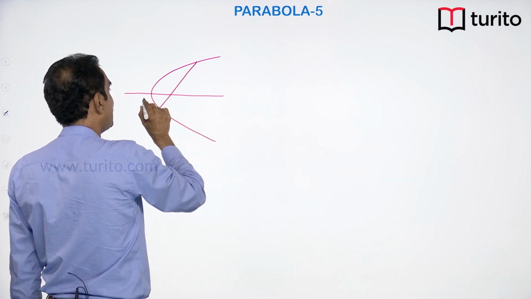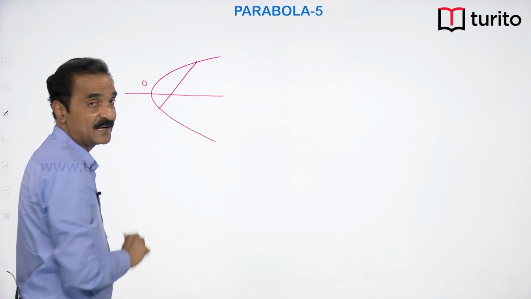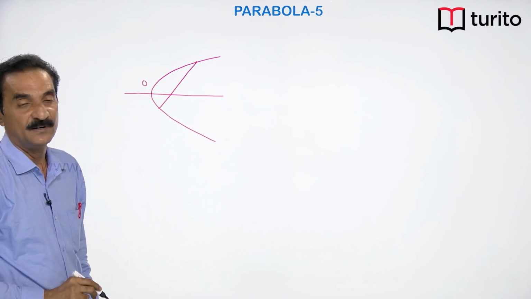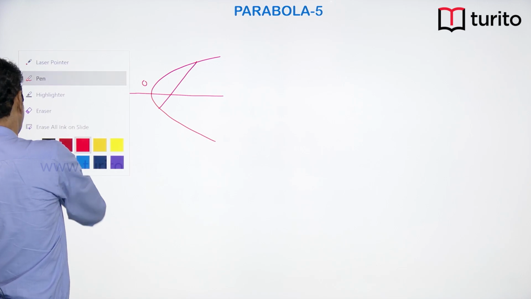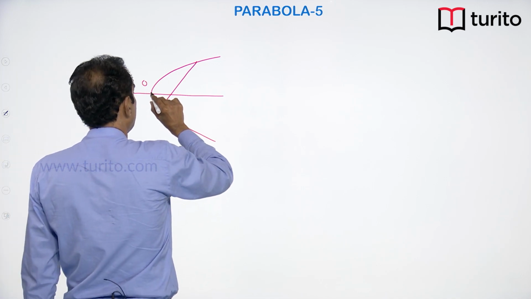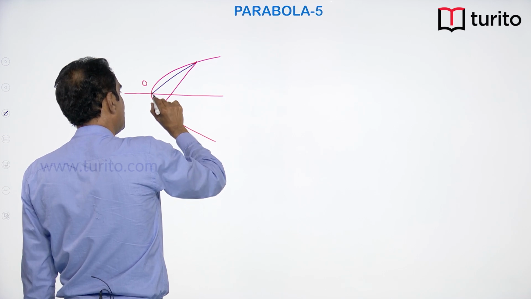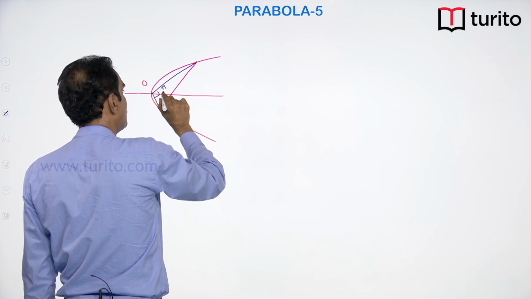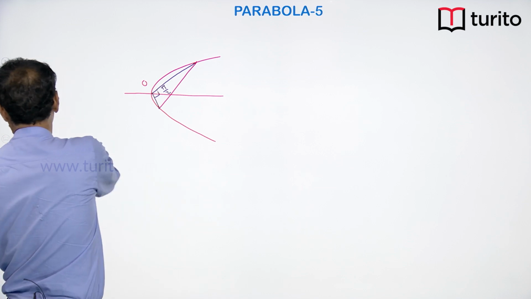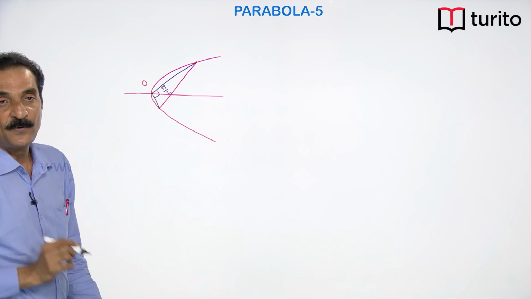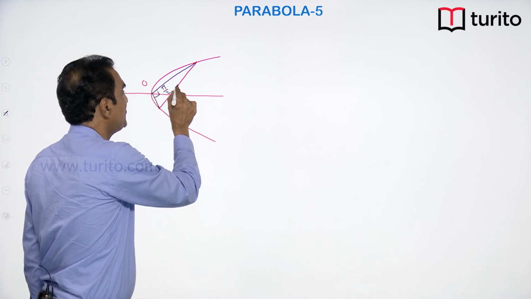If a chord subtends a right angle at the vertex, what is the vertex of the parabola? Origin. So this angle is pi by 2. Then we have to find the locus of this midpoint.